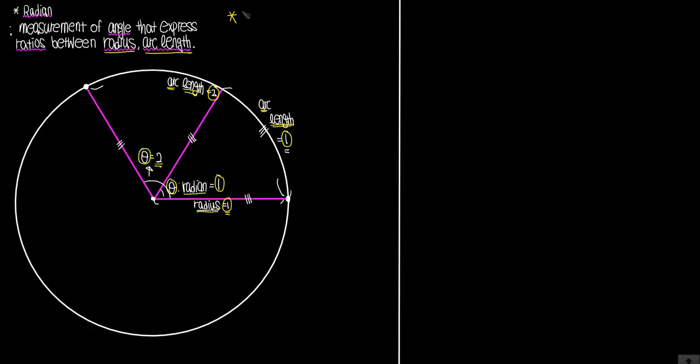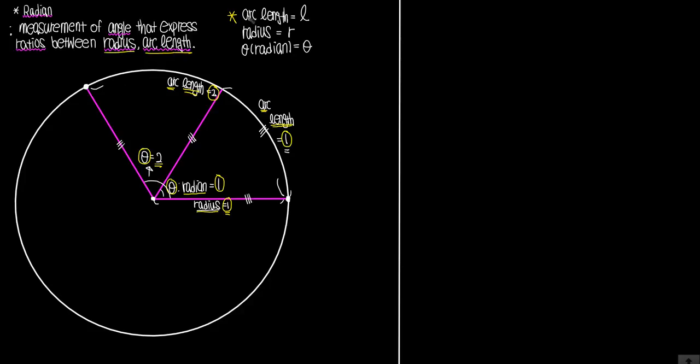So we defined the arc length, if we set it as L, and the radius of our sector as the variable R, and the angle in terms of radians that is formed between the arc length and the radius as theta.